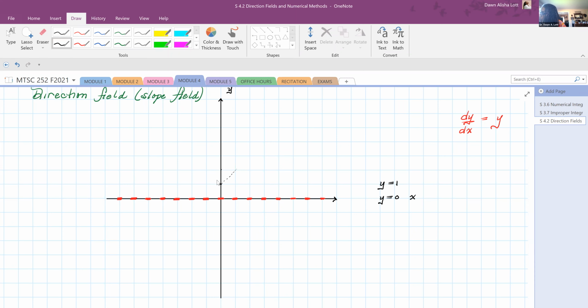I'm going to draw a little red line of slope 1. Again, a little red line of slope 1. If it's slope 1, it goes to the next corner. A little red line of slope 1, because y is 1 on every one of these spots. So therefore, the slope is 1 on every spot.